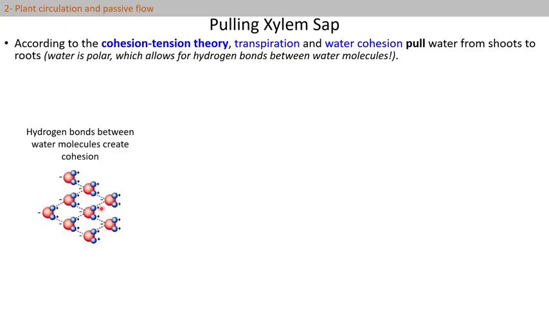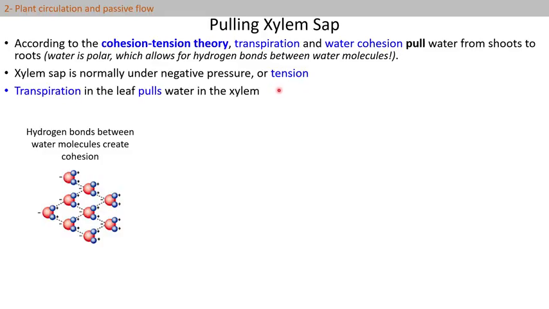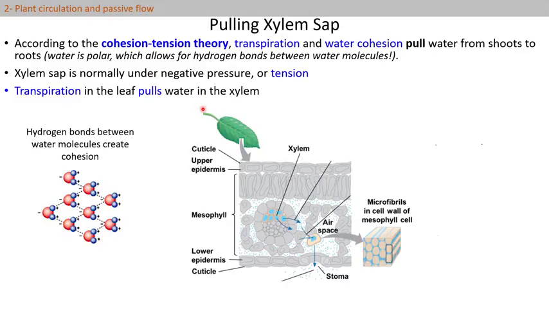So if you pull on xylem sap somewhere, thanks to this cohesion, you will generate flow along the column. So the question is, how is this negative pressure or tension generated normally? Well, transpiration is what generates the tension that pulls on this column of water. So let's see how that works.